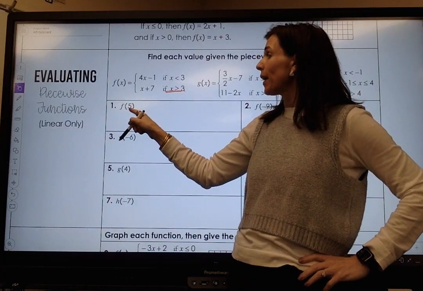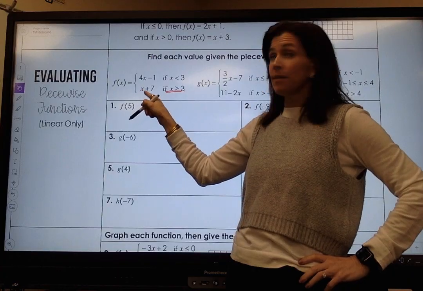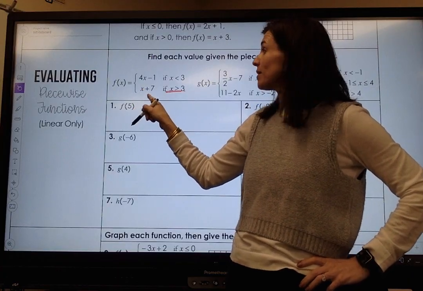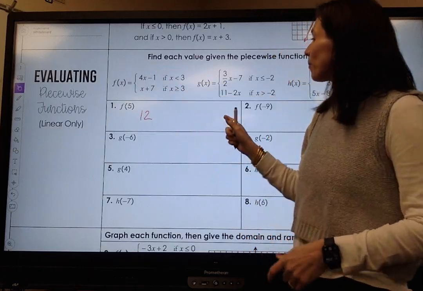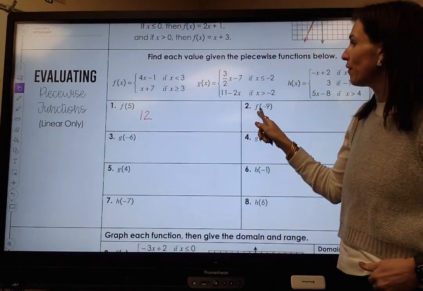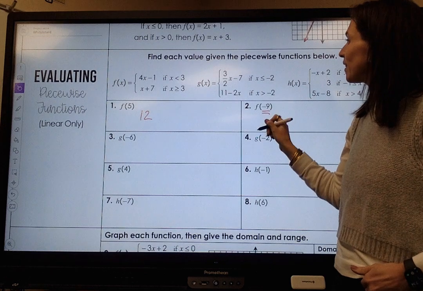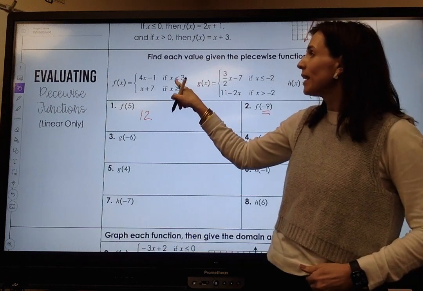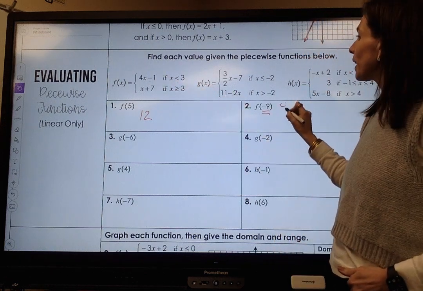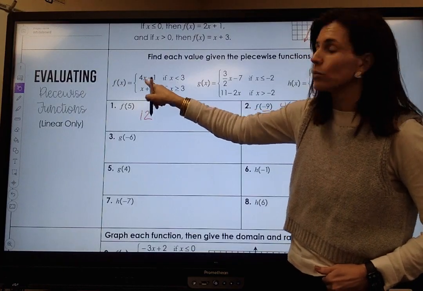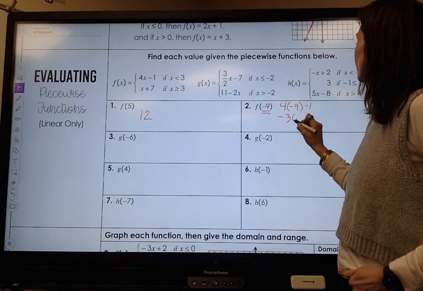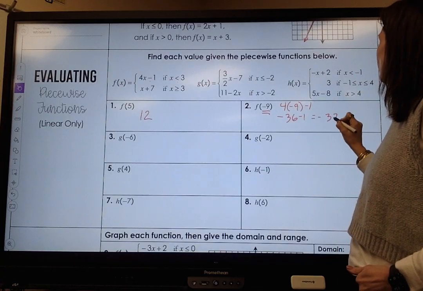So I'm going to evaluate 5 in this linear function, 5 plus 7, and that gives me 12. Now, this says evaluate the f function when x is negative 9. Well, negative 9 is less than 3, so I'm going to plug in negative 9 to this linear equation. That's the one I'm going to follow, negative 36 minus 1, and that's going to equal negative 37.